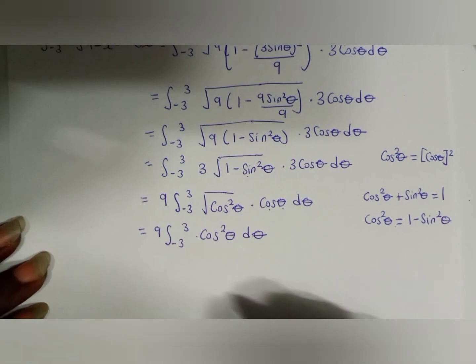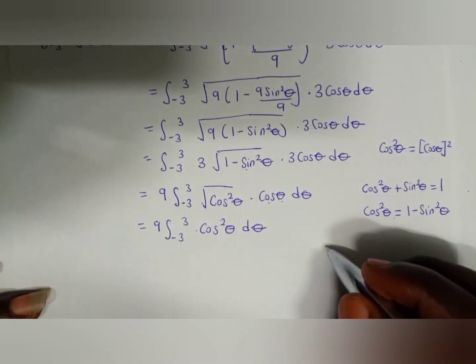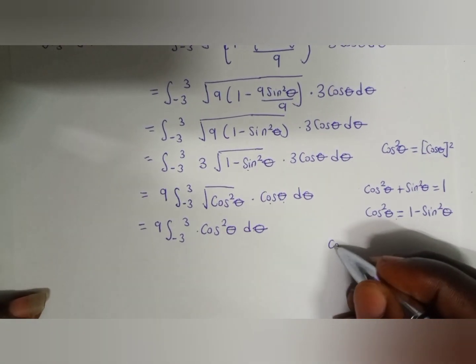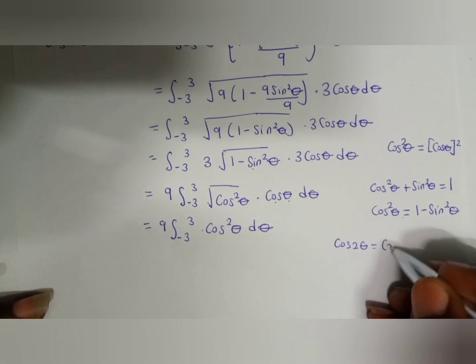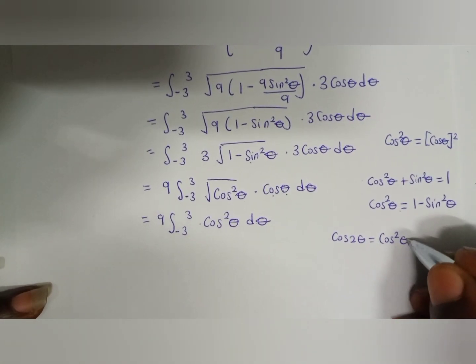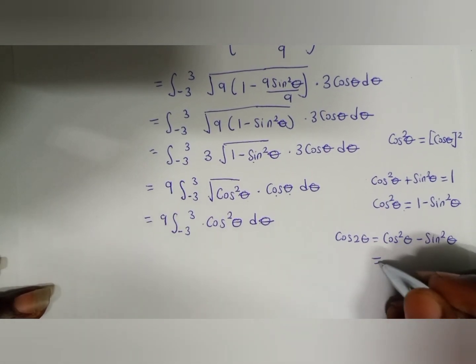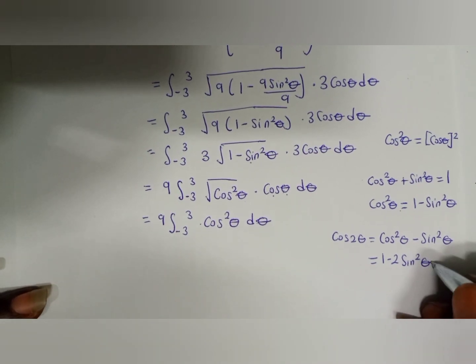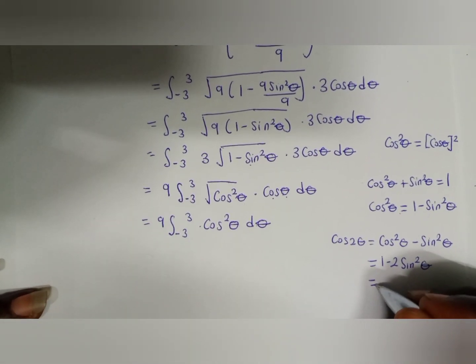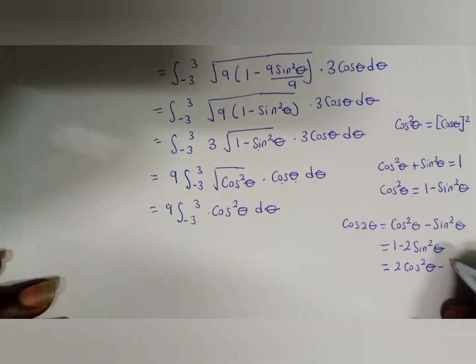Okay. So from trig multiple angles, we know that cos 2 theta equals cos squared theta minus sine squared theta, which is also equal to 1 minus 2 sine squared theta. Is also equal to 2 cos squared theta minus 1.